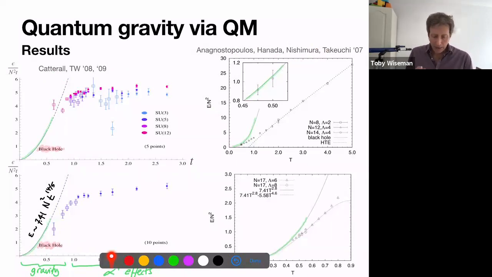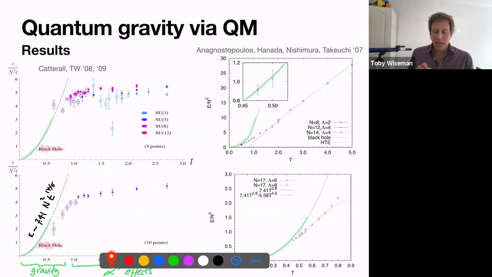So we simulated things on the lattice, and I quite like this plot down here. Coming back to the question, this is a 10-point lattice, so it's 10 points going around the Euclidean time circle. So very small, but this was the early work. This is, I think, only N equals 5, so SU(5).